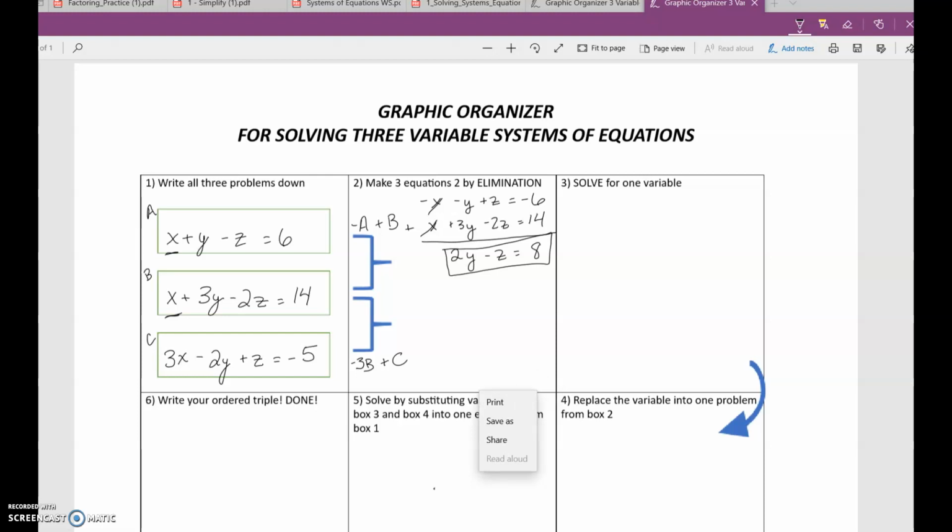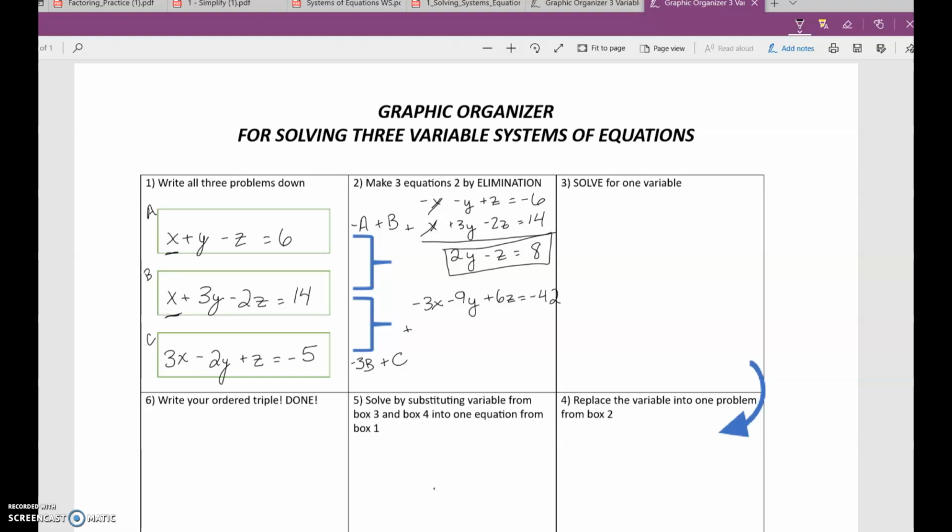So for -3B, I have a -3x, a -9y, a positive 6z, and a -42.